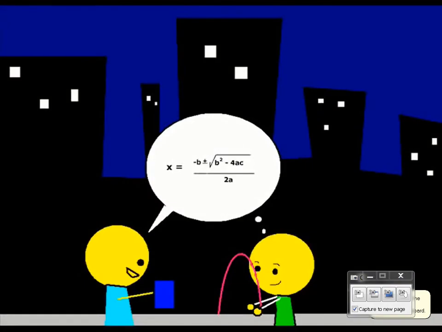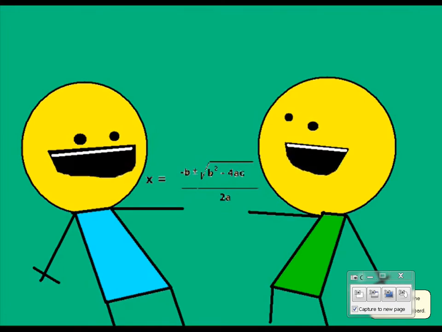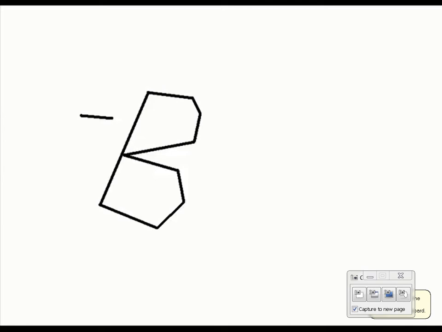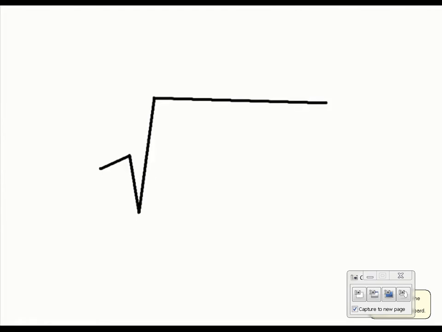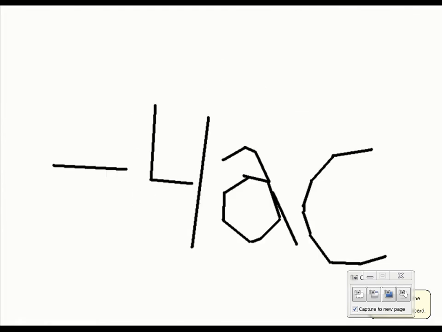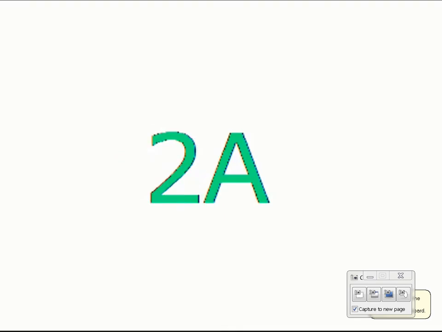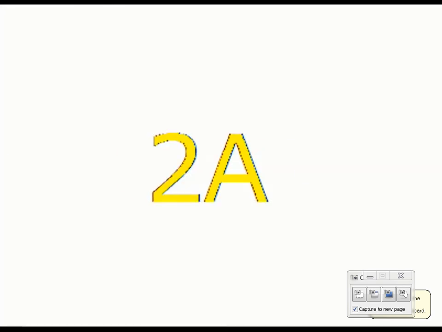Quadratic formula, and it's negative b plus or minus the square root of b squared minus 4ac over 2a.